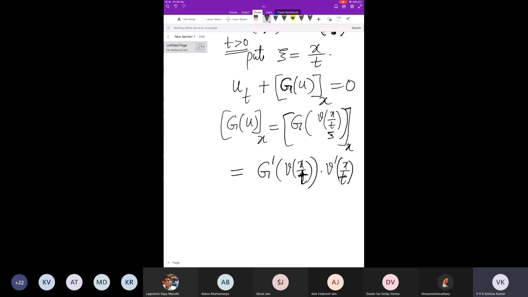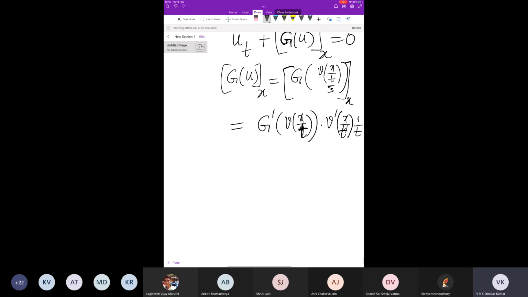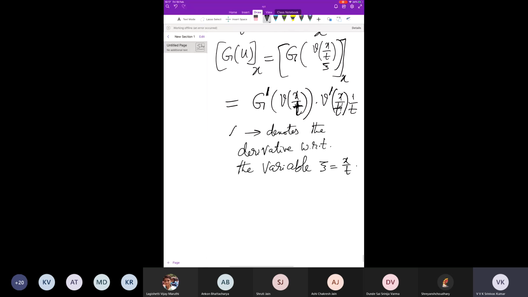And what is the derivative of x by t with respect to x? That is 1 by t. What does this prime denote? The prime denotes the derivative with respect to the variable we are now considering as a single variable, xi, which is x upon t.